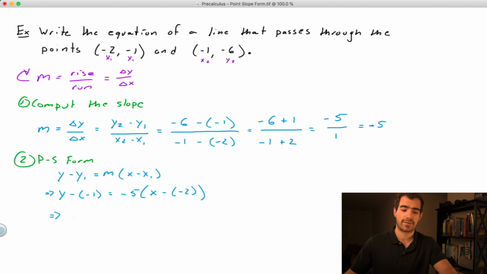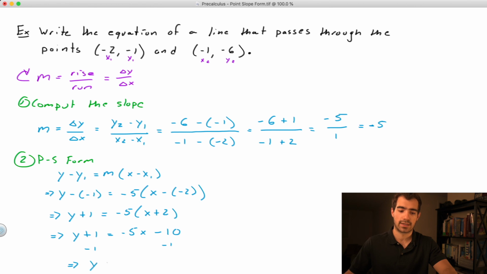With a little bit of simplification on both sides, we can change this to y plus 1 equal to -5 times x plus 2, and then distributing will give us y plus 1 equal to -5x, and then -5 times 2 giving us a -10. And finally, subtracting 1 from both sides for a final answer of y is equal to -5x minus 11.